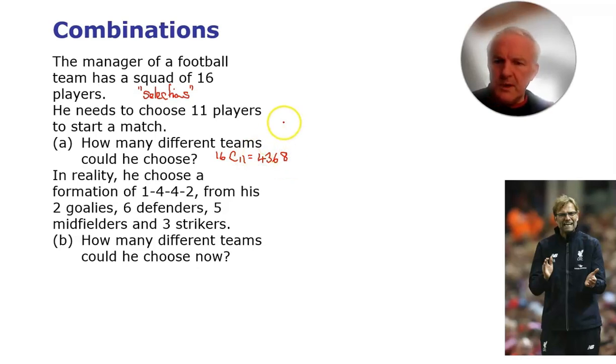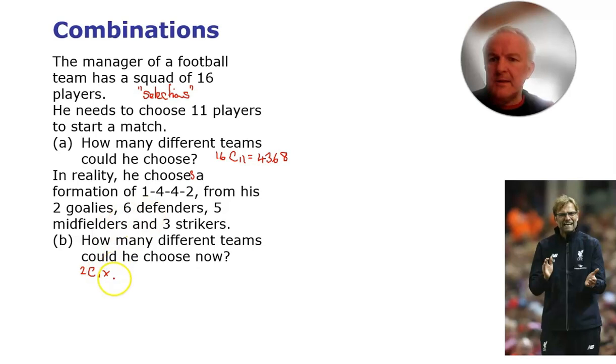Okay. In reality, of course, that wouldn't be a great team. Some of those he chooses... I think it should be an S there. A formation of 1-4-4-2 implies that he had some goalies. In fact, he had 2 goalkeepers, of which he chose 1. So he's got to choose 1 from his goalies, and so times it.